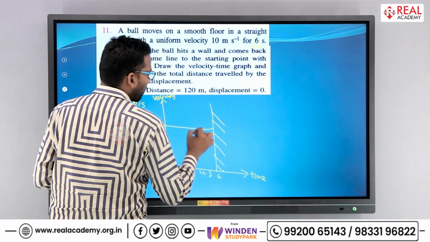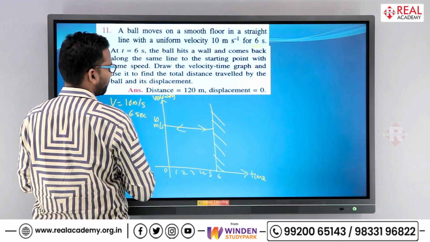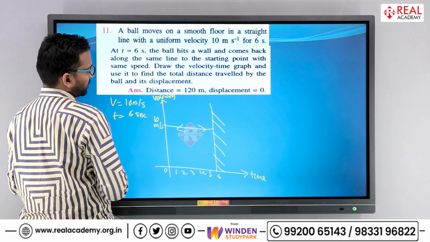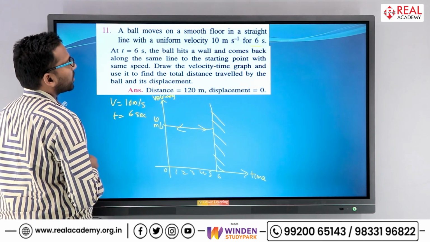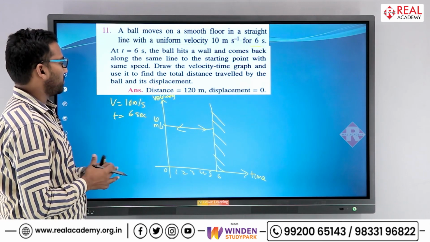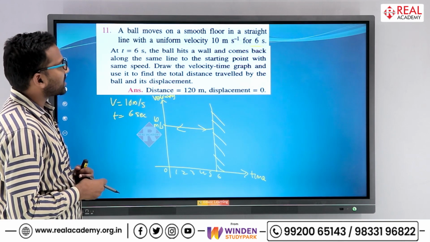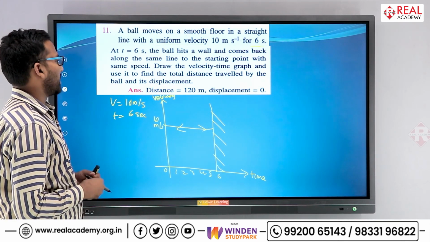Suppose this is my wall, and it comes back. That means it is going and coming back with the same speed. Same speed means 10 meter per second. Draw the velocity time graph. We have drawn it. And use it to find the total distance traveled by the ball and its displacement.